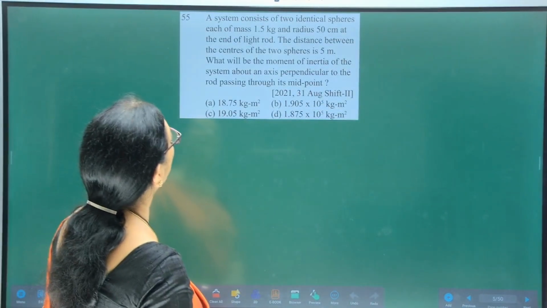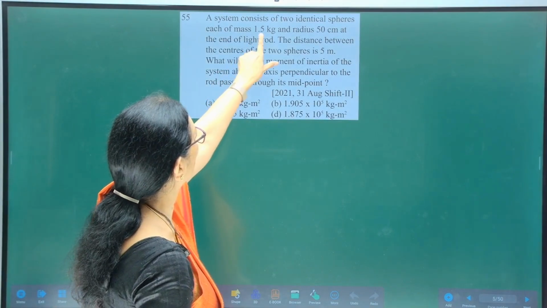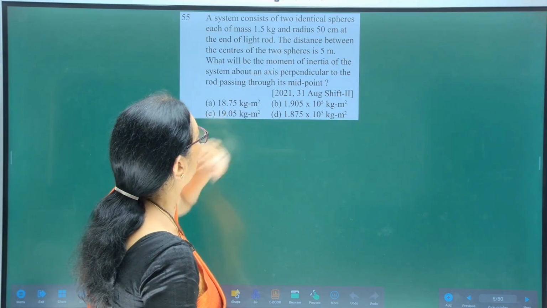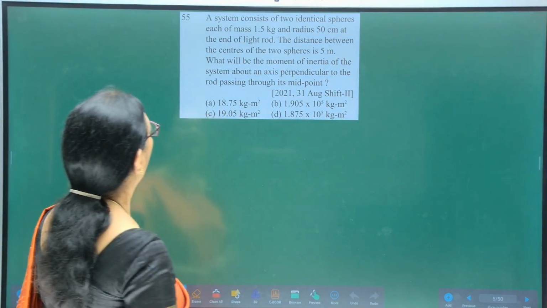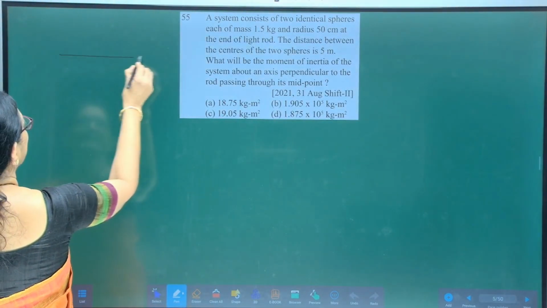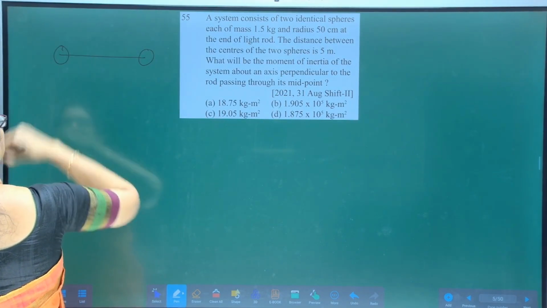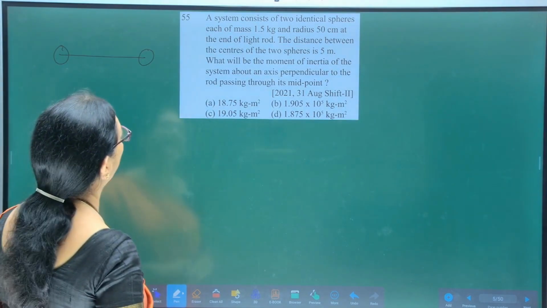A system consists of two identical spheres, each of mass 1.5 kg and radius 50 centimeters, at the ends of a light rod. So let this be a light rod and two spheres are arranged at the ends of the rod.